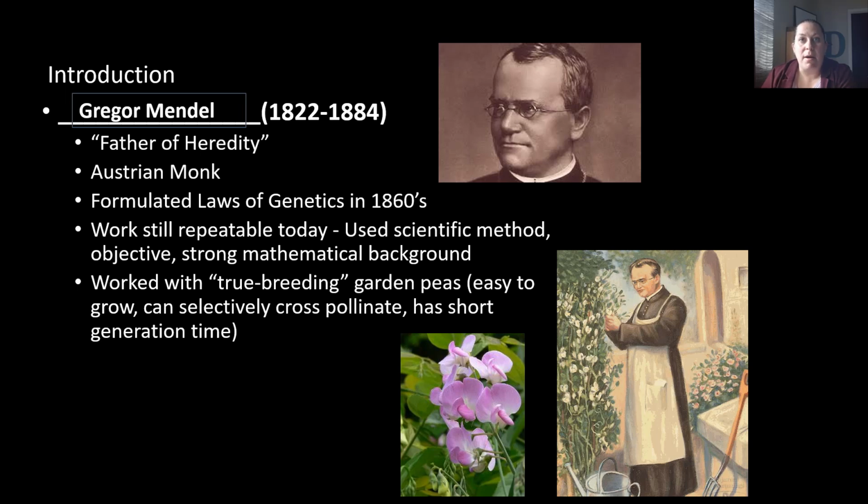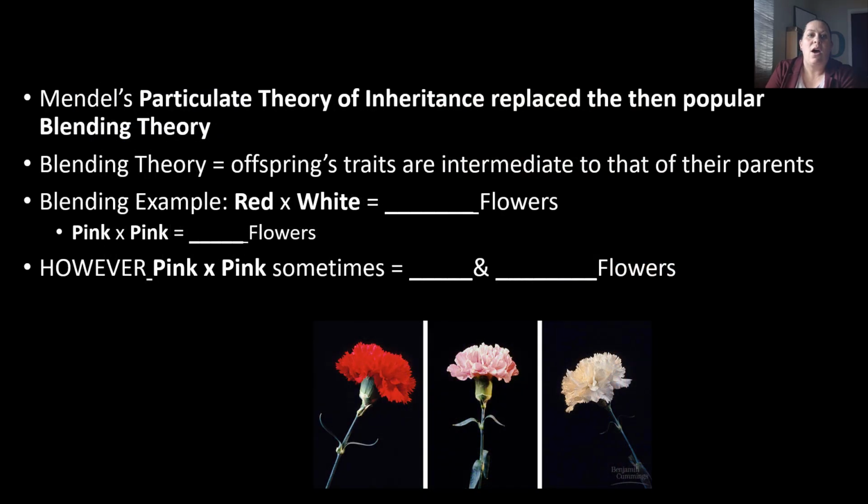He could cross-pollinate them very easily, and they had a very short generation time, so it didn't take too long for the plants to grow before he could then see the results of what he was doing. And so he had his reasons, but his pick of these plants was also very helpful in that they followed very true, simple genetics.